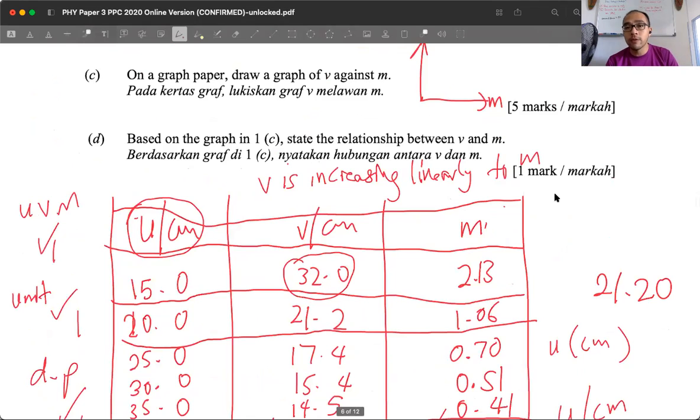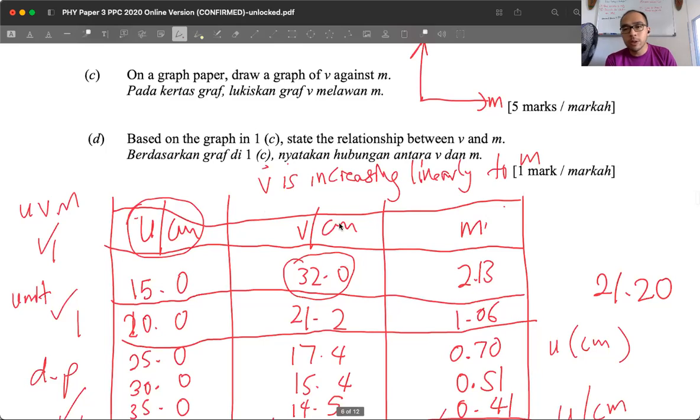I want this to be a full sentence because I have already mentioned this. If you just write increasing linearly, then I'm like, what is increasing linearly? I don't know. Sorry, kalau sini yang M, sini yang V pun salah, because V adalah responding variable. So V is increasing linearly to M is the only answer I will accept.